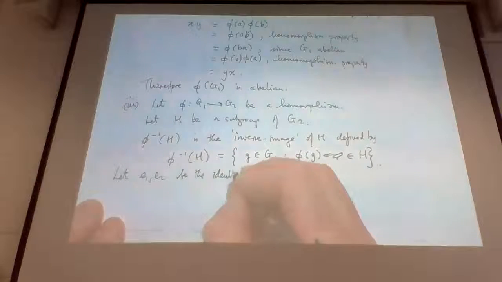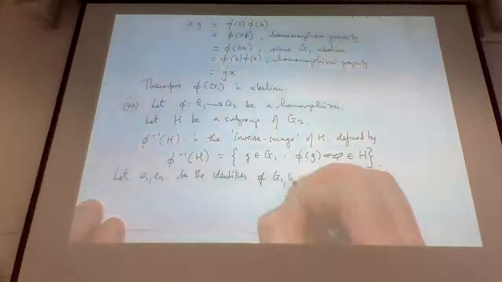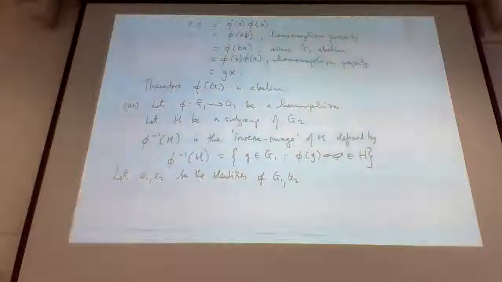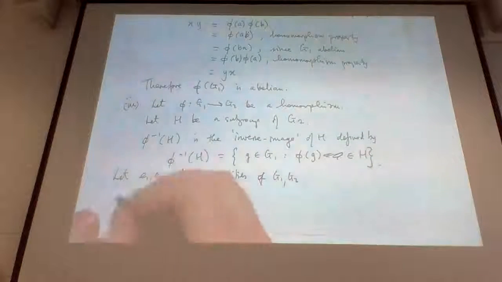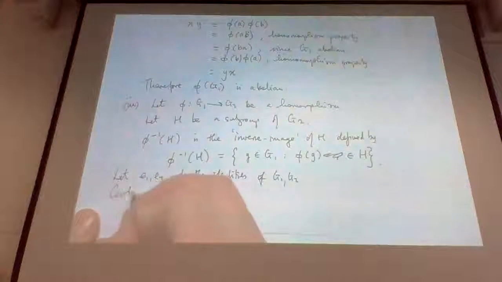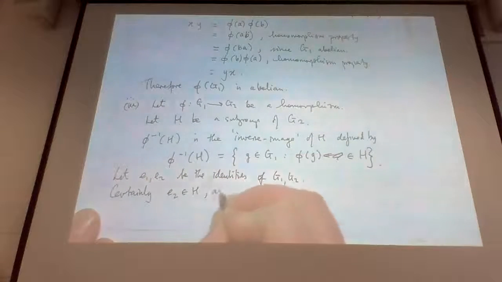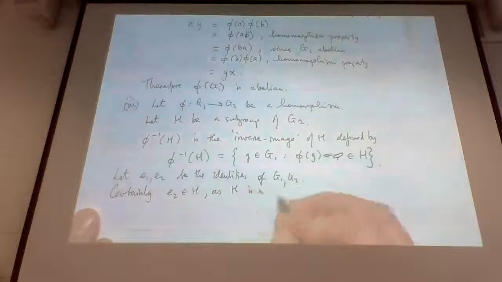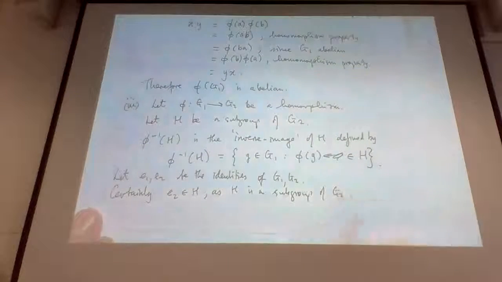Well, we want to talk about the identities of G1 and G2, respectively. Certainly E2 is an element of H, as H is a subgroup of G2. Okay, what else?